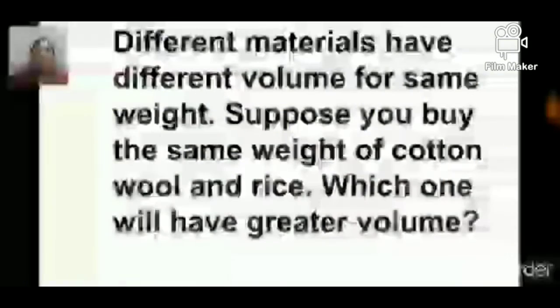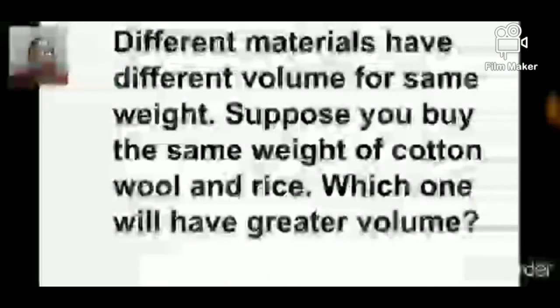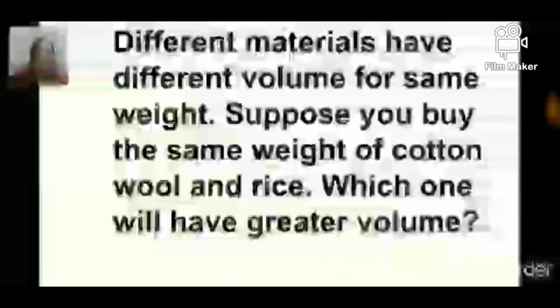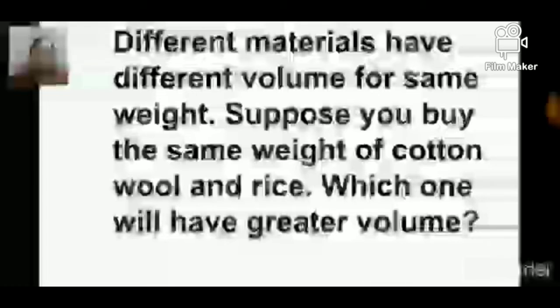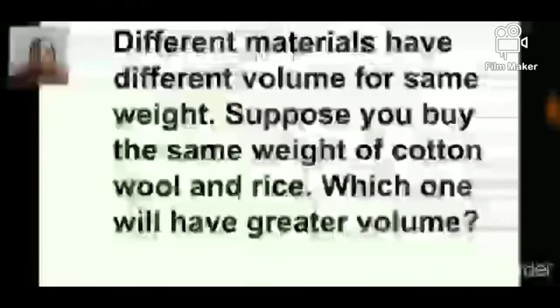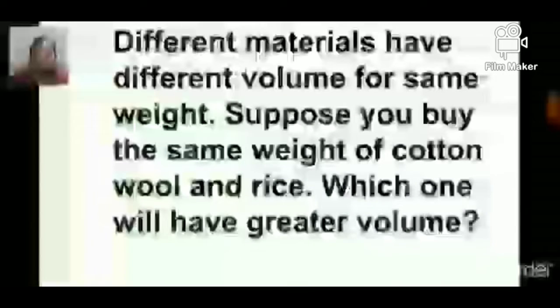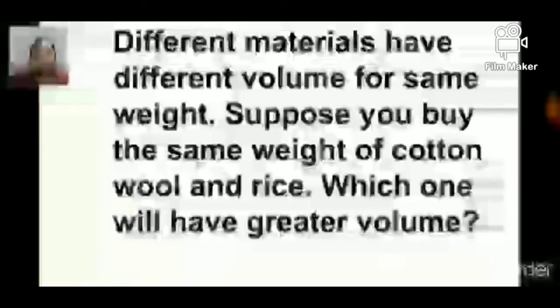Now, different materials have different volume for the same weight. When we take the example of one lighter substance and one heavier substance, then the lighter substance will take up more space, its volume will be more, but the heavier material will take up less space, its volume will be less.